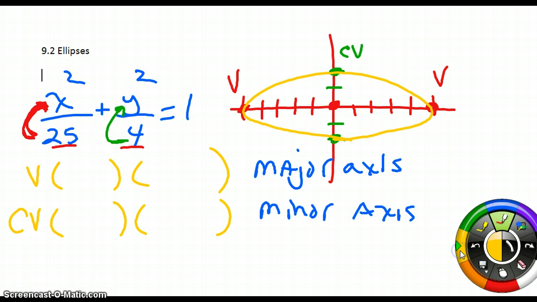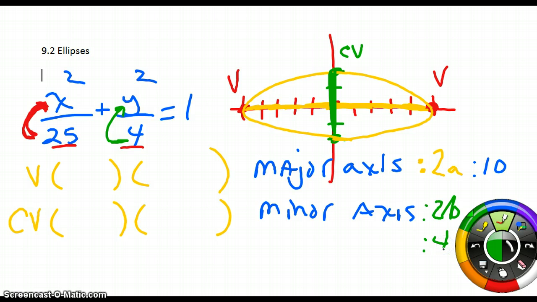The major axis is going to be 2a, or think of that as how long this big axis of symmetry is. So in this case, 2 times 5 would be 10. And the minor axis will be the smaller one. It's 2b. And in this case, 2 times 2, the minor axis would be equal to 4.